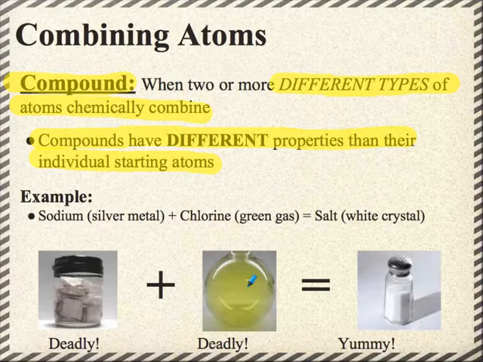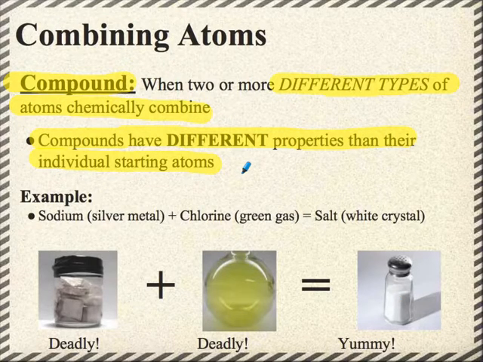However, when you make them into a compound, so in other words, you combine these 2 atoms together, you can create something that tastes good. A lot of you guys like salt. You put salt on fries. You put salt on a lot of things. So you can take 2 deadly things and make a good thing. Vice versa. You can take 2 very good things and make something very, very bad. All right. So that's what happens when you create a compound.